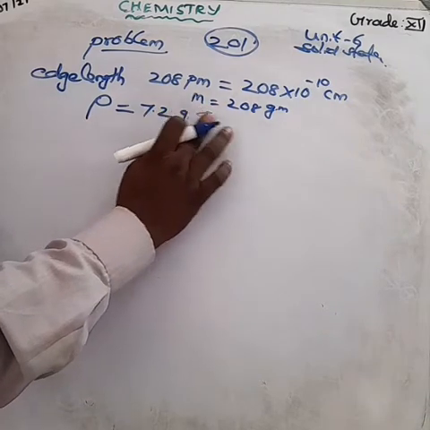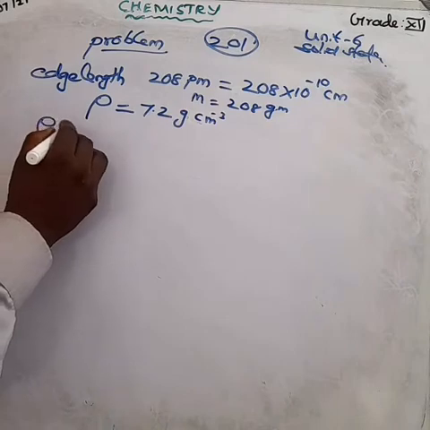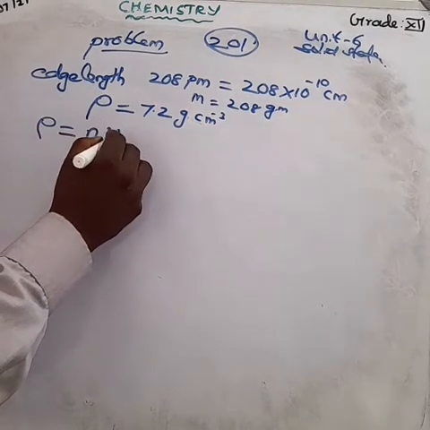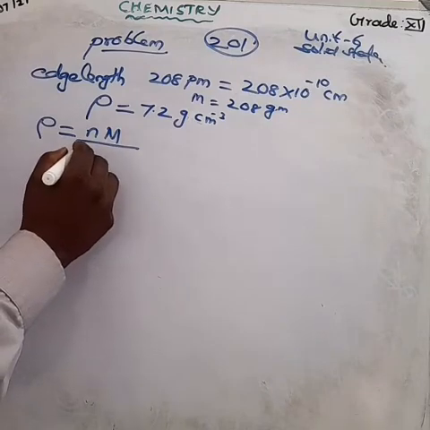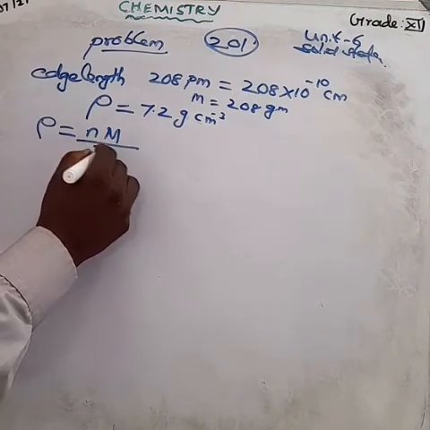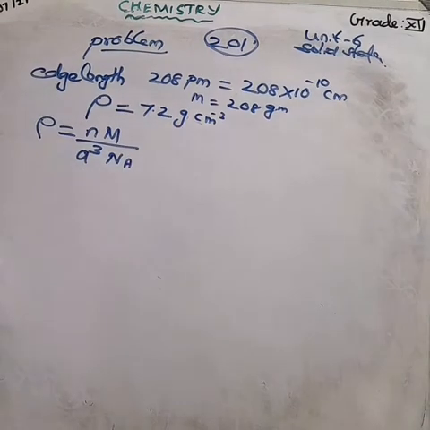As per our textbook, we have the density formula. Rho is equal to n capital M divided by a cube N A. So we have to find capital M, the molar mass.